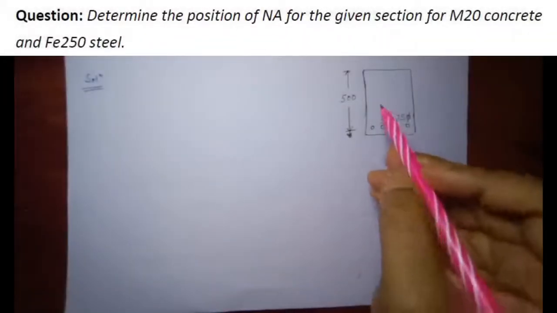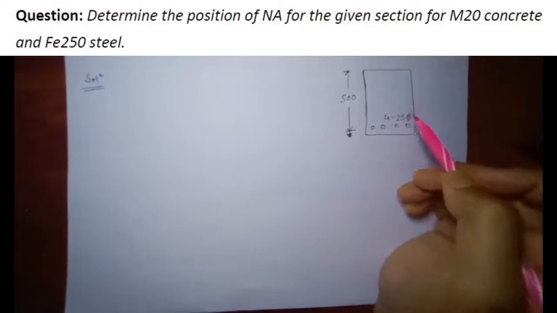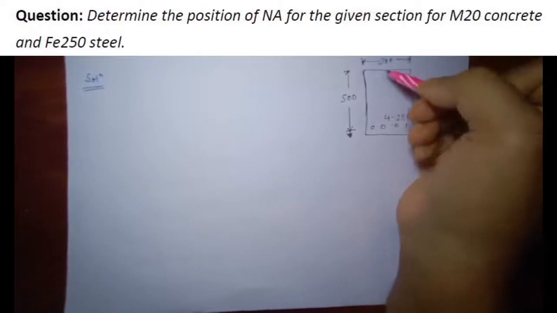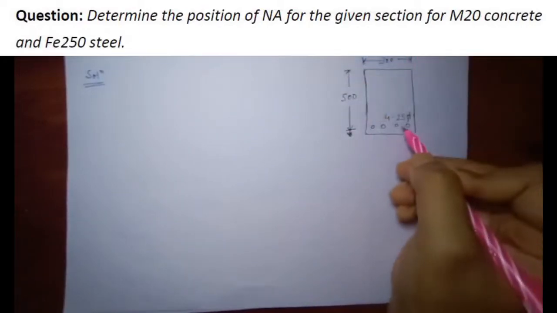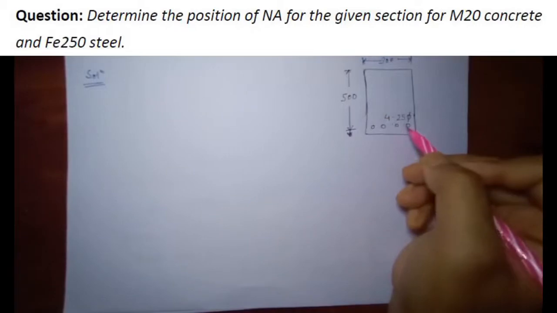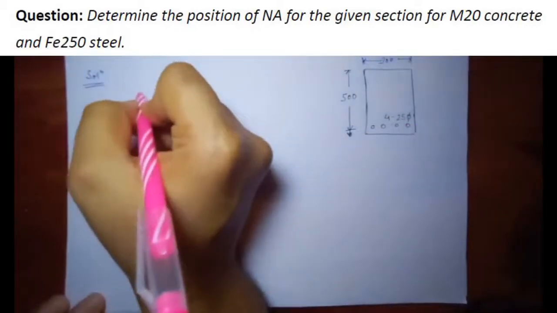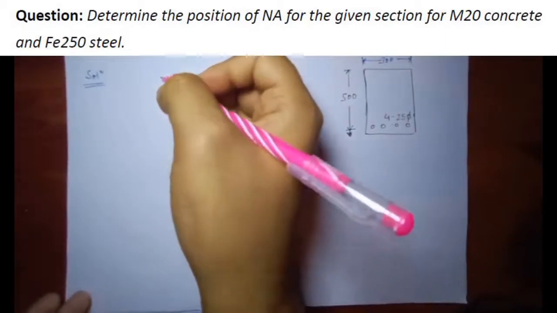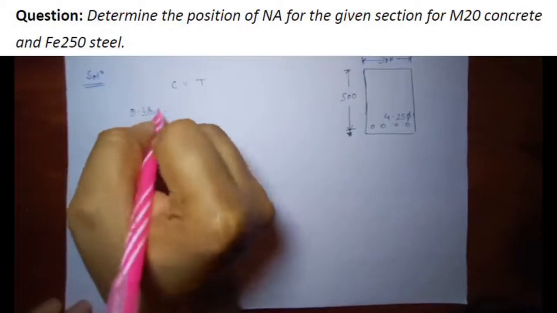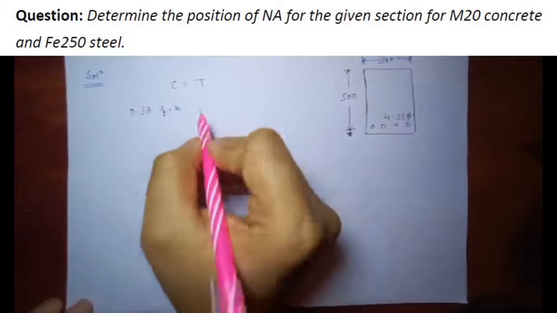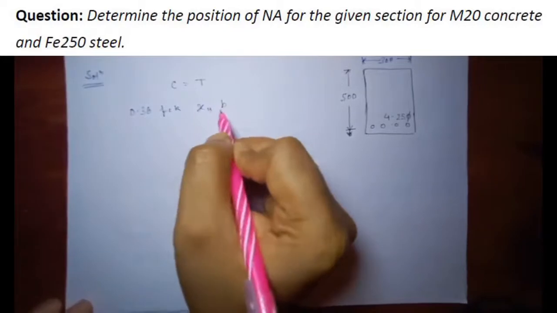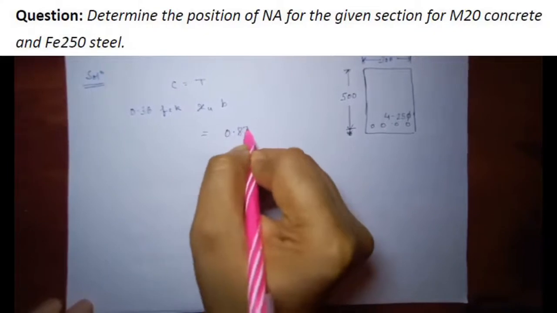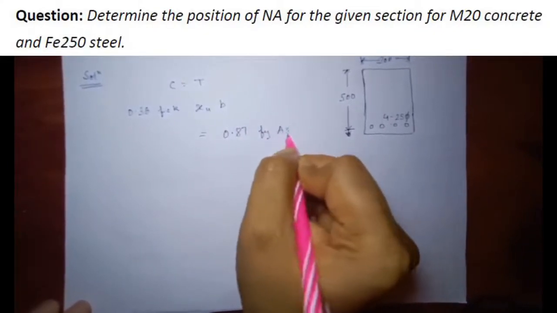To determine the position of the neutral axis for this particular section, whose width is 300 mm and depth is 500 mm, we have 4 bars of 25 mm diameter. For the position of NA, we need to do C equal to T, where C is 0.36 FCK XU B and it is equal to 0.87 FY AST.